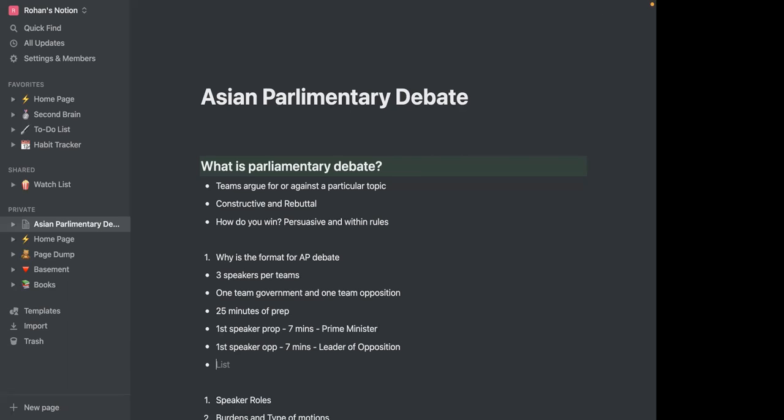After the first speaker of opposition is the second speaker of proposition. Again, a 7-minute speech. The second speaker has a few things to do. Number one, they continue the constructive case, which means suppose in preparation time you had 25 minutes, right? And you came up with 4 broad ideas or 4 broad arguments.